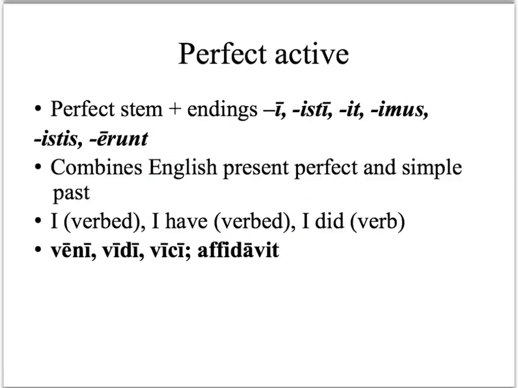To form the perfect, remember the perfect stem comes from the third principal part. Drop the i and add the new endings: i, isti, it, imus, istis, erunt. Get in the habit of saying that long e there. It will help you. In translation, the perfect in Latin combines the English present perfect and our simple past tense.